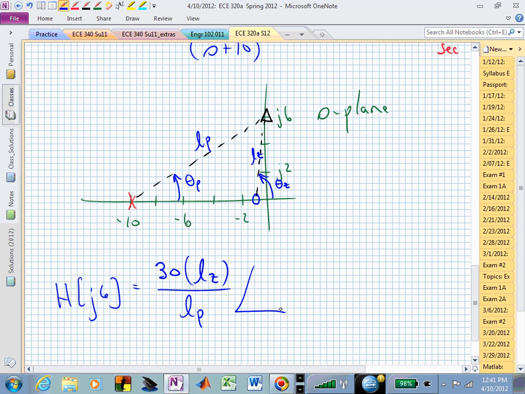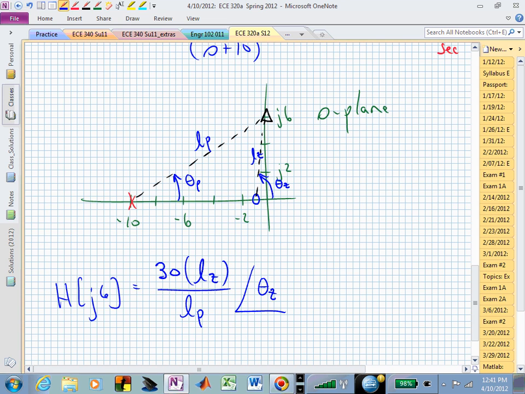And my angle of H(j6) is simply, I take all the zeros' angles, and I only have one, unless you want to consider the angle of 30. What's the angle of 30? I just said the gain has an angle, what is the angle associated with 30? 0.